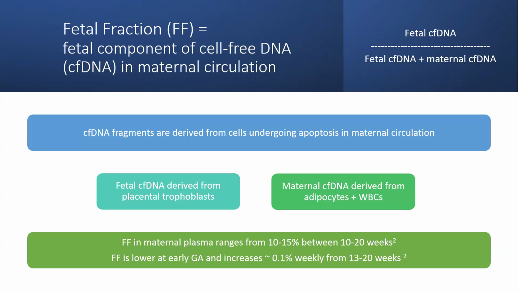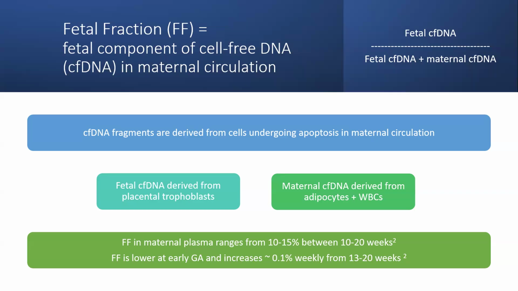You've got the cell-free DNA coming from the pregnancy, and then you also have the cell-free DNA coming from the mother. The DNA from the pregnancy is largely from the placental trophoblast. So it is not directly coming from the fetus, but from the trophoblastic cells of the placenta. And then the maternal cell-free DNA is coming from adipocytes and white blood cells.